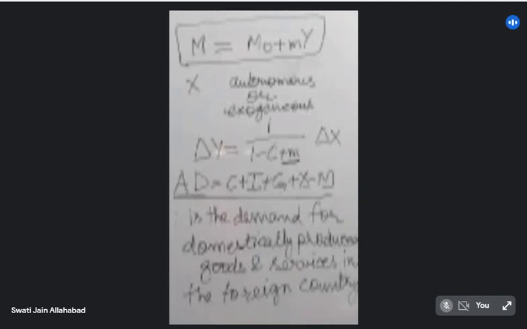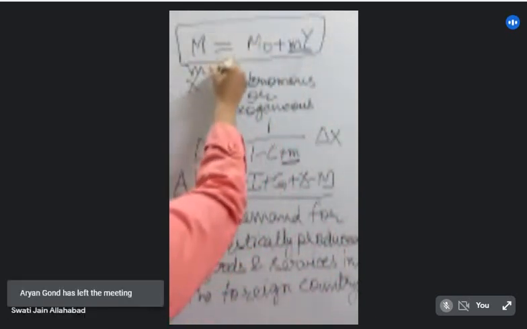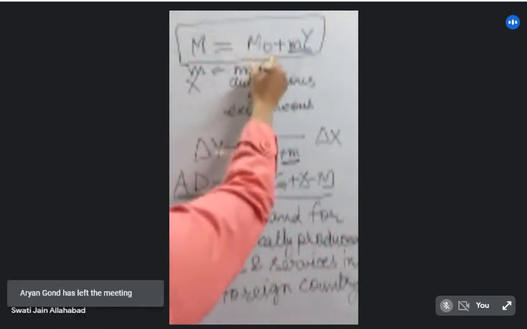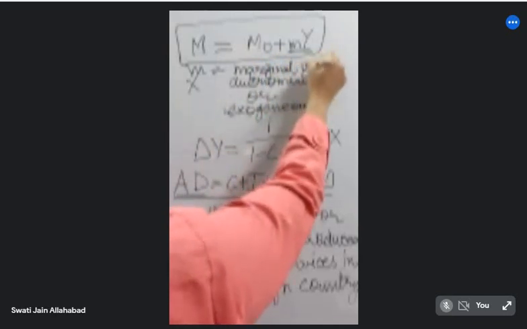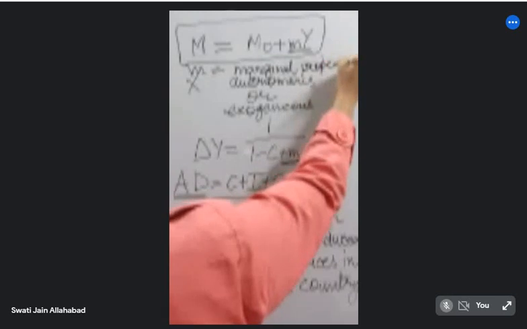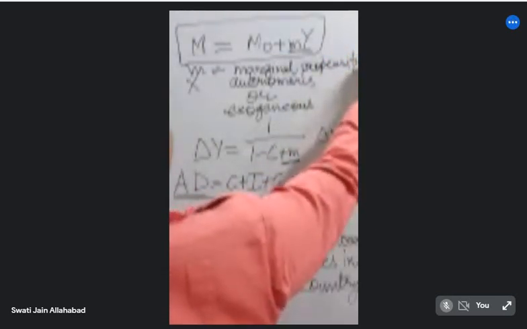So these become autonomous. They don't depend on the level of income, but import has a component which depends on the level of income. So that is My. Now M, this small m which you are seeing, is the marginal propensity to import.